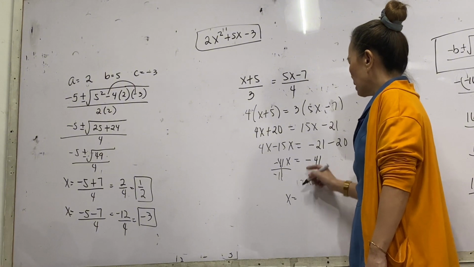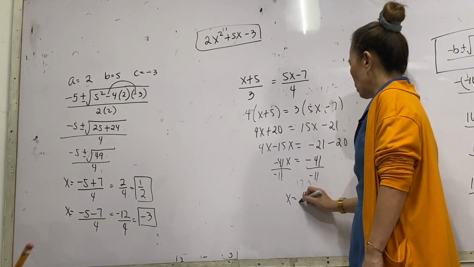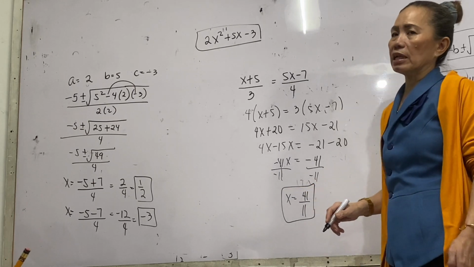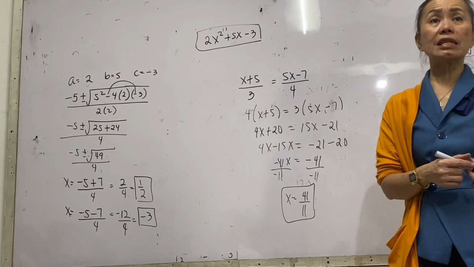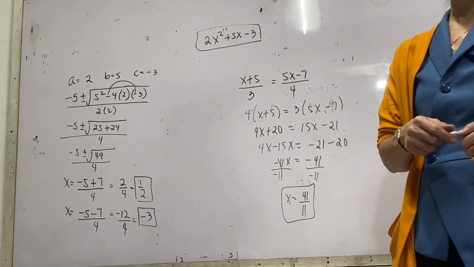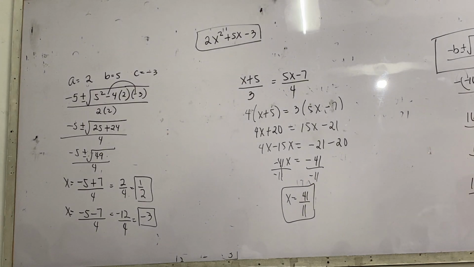So x, negative divided by negative is positive. Kaya po 41 over 11. Yan lang po. Bakit po isa lang ang value ng x? Kasi po linear. Pag linear equation, isa lang po ang value ng x. Kapag quadratic, dalawa po ang value ng x. Nasusundan po ba ito? Okay. Next.